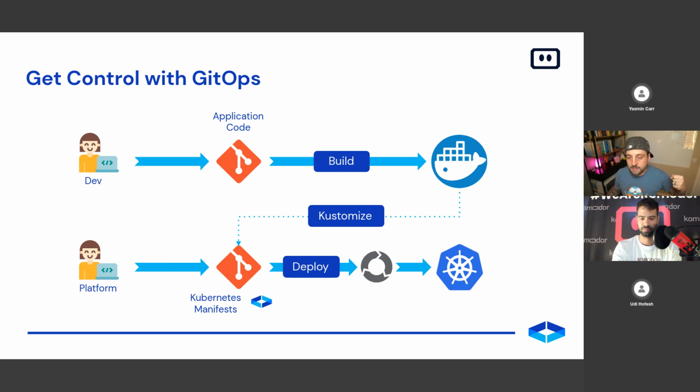The container image will, through Kustomize, update the Kubernetes manifests. The operator will notice that the manifest has changed, and as a result, will reconcile what is living in the cluster, the state, with the intent, which is what is sitting inside the Git repository where you have the Kubernetes manifest, right?